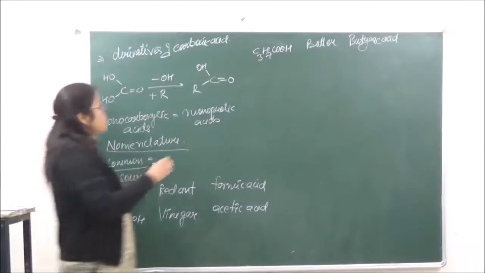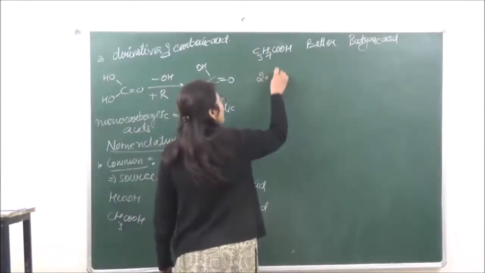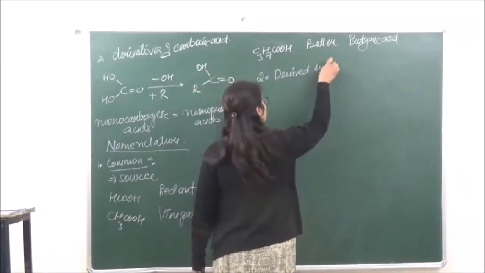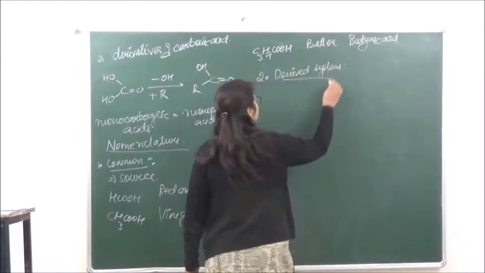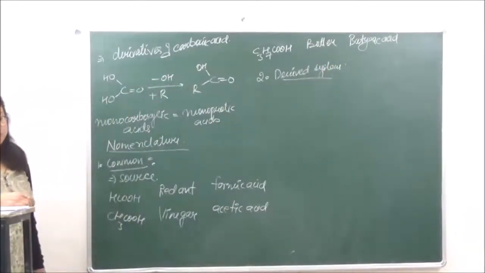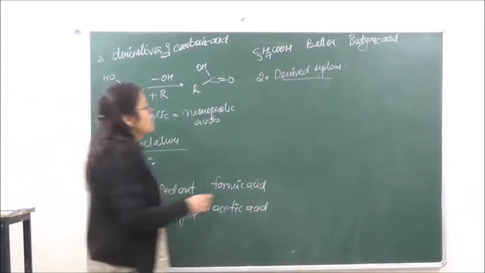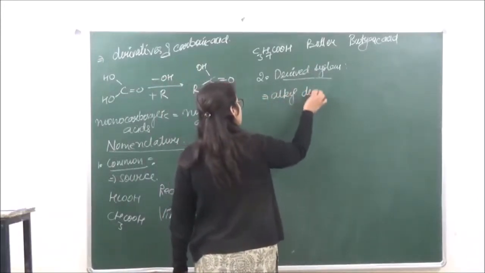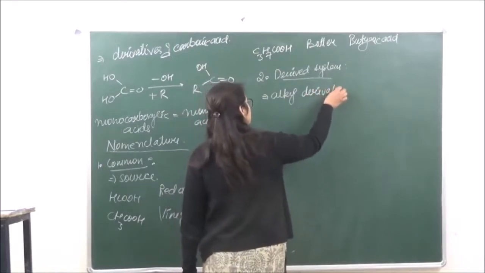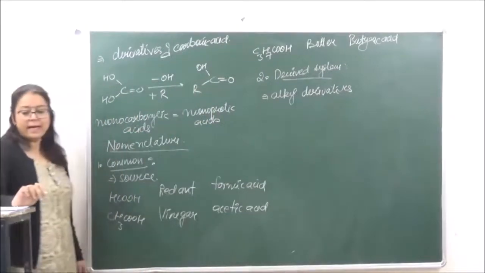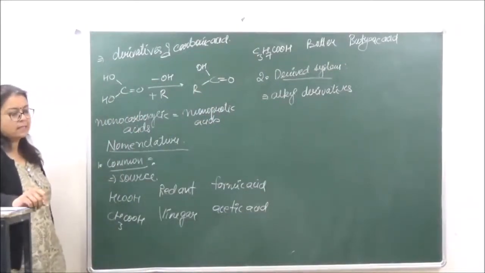The second system of nomenclature is the derived system of nomenclature. In the derived system, monocarboxylic acids are taken as alkyl derivatives of acetic acid.